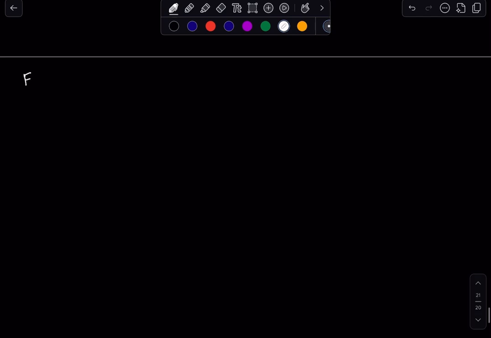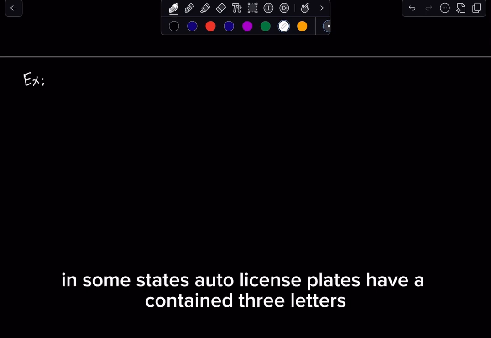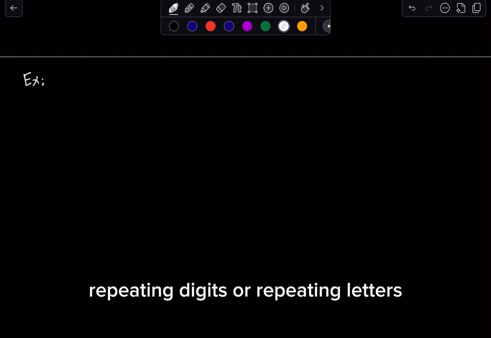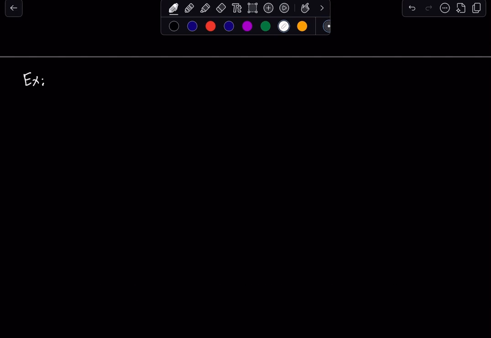Let's do another example. In some states, auto license plates have contained 3 letters followed by 3 digits. How many such licenses are possible? Well, it doesn't restrict us to not being able to use repeating digits or repeating letters.